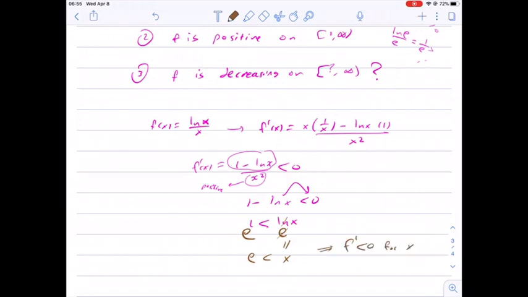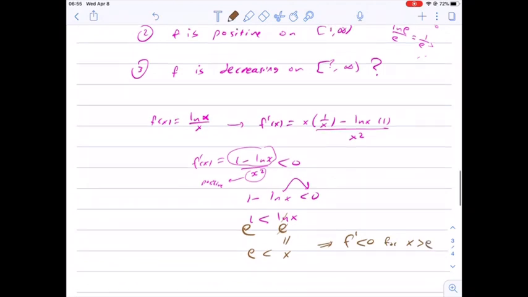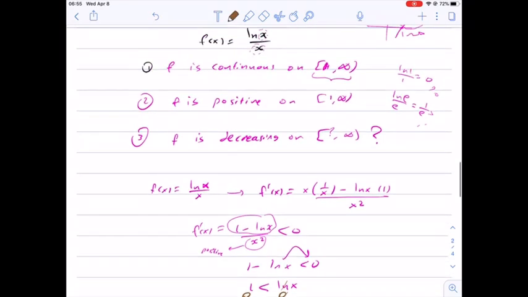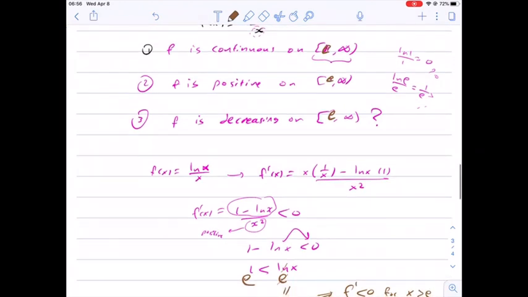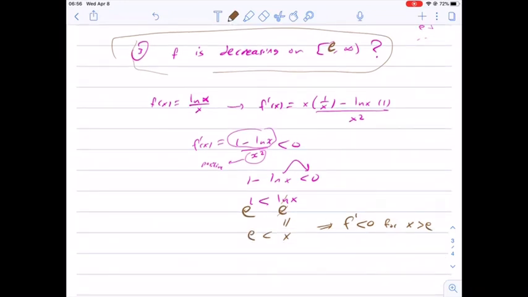So f prime is less than 0 for x greater than e. Since x is greater than e, we need to modify these intervals. If we leave it as 1 to infinity, that's okay because e is included. But for the third condition, we should write it as f is decreasing on e to infinity.